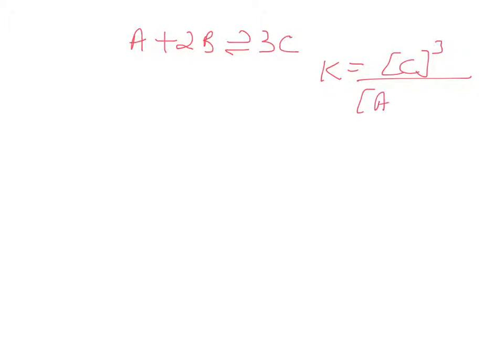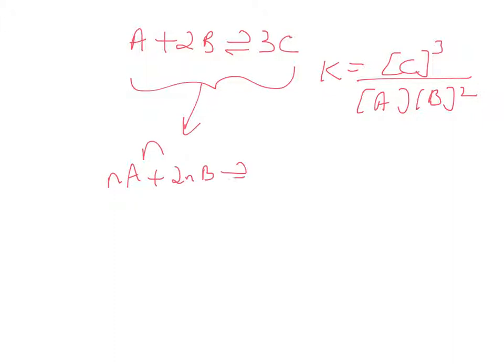So for instance, if you have a general equation A plus 2B giving you 3C, and your K can be written as C raised to the power of 3 over A times B raised to the power of 2, and let's say I'm multiplying this equation, the whole thing, by some number n, okay, and I'll define n later. So n moles of A plus 2n moles of B giving you 3n moles of C.